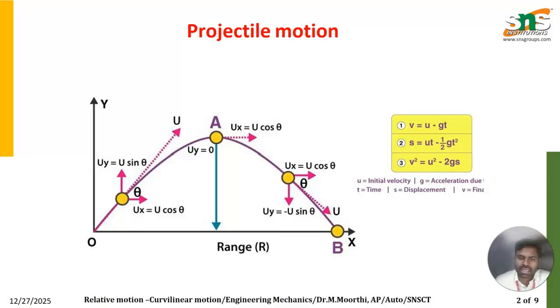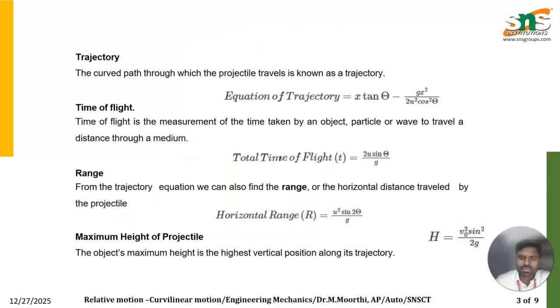That minus G indicates against gravity. Similarly, we have S equal to UT minus half GT square. And the third one, V square equal to U square minus 2GS, where V is the final velocity, U the initial velocity, G the acceleration due to gravity, T the time taken by the particle to reach some distance, and S is the distance.